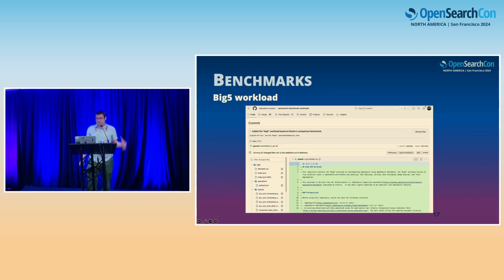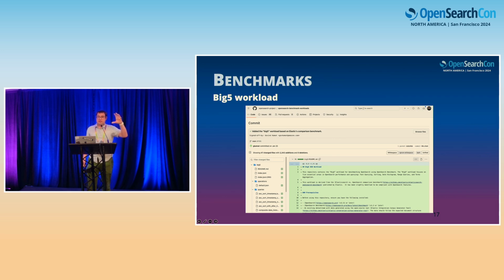For the purposes of this talk, I'm going to focus on the Big 5 workload. This is a benchmark workload that was originally published by Elastic under the Apache 2 software license. It's a really good benchmark workload that covers a variety of queries, aggregations, sort of useful things for people using OpenSearch.